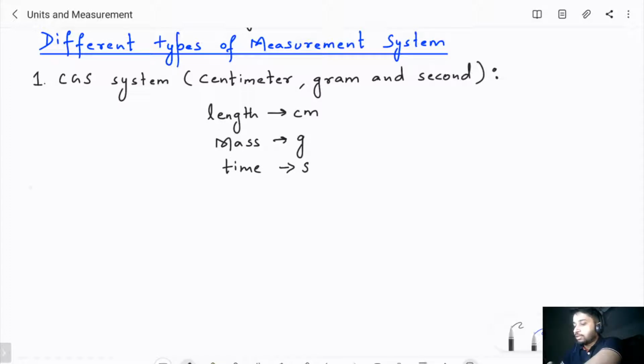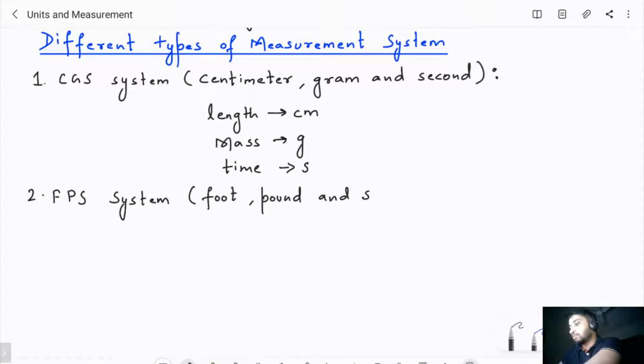The second system of units that we have is the FPS system. FPS is foot, pound and second.